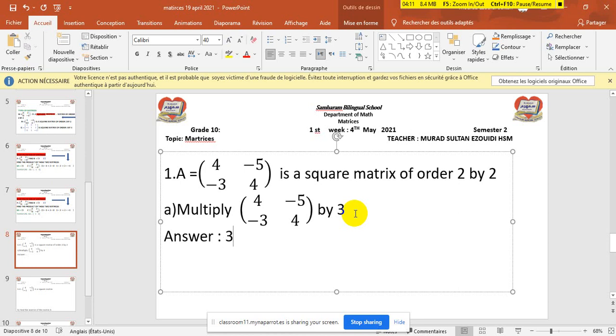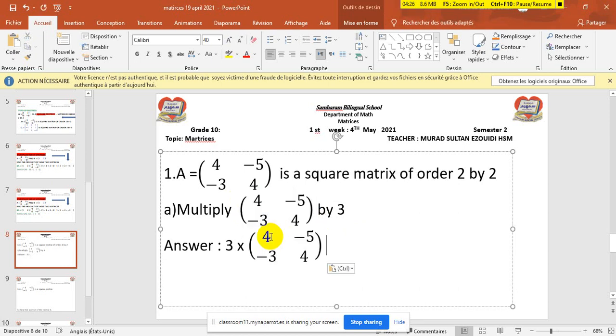You will multiply 3 by 4, then 3 by -5, then 3 by -3, then 3 by 4, and you will write the answer here. Clear?